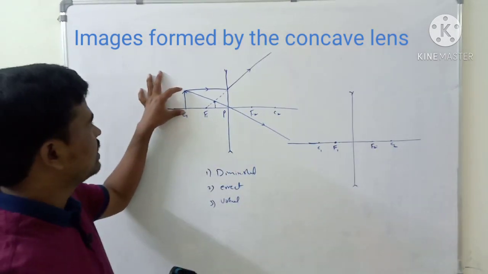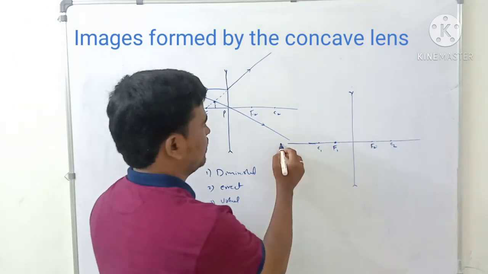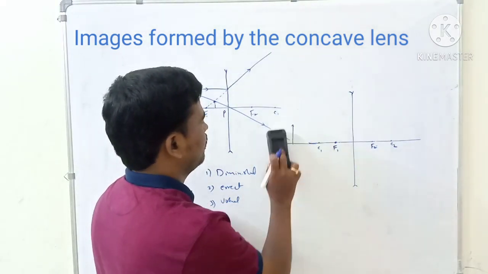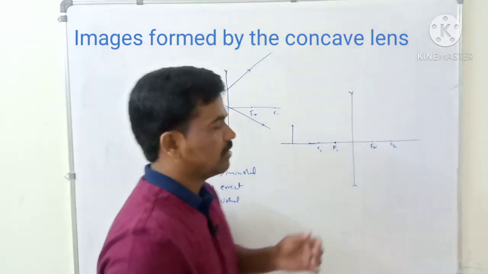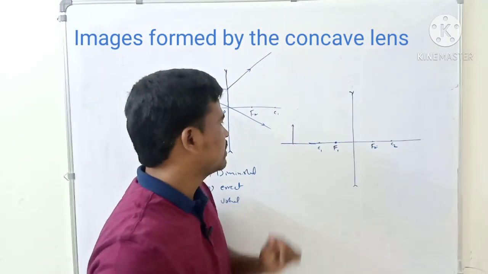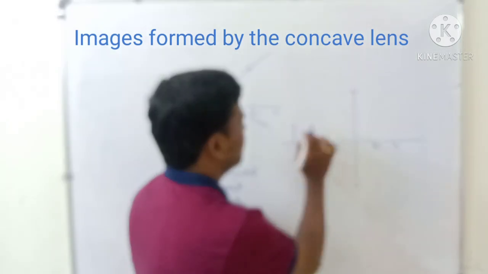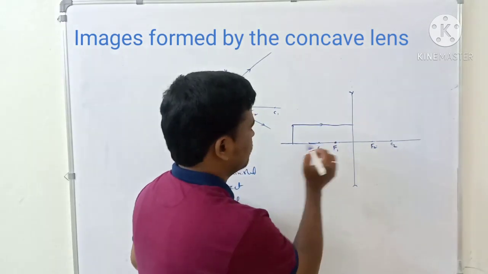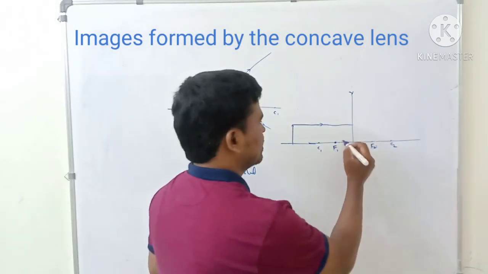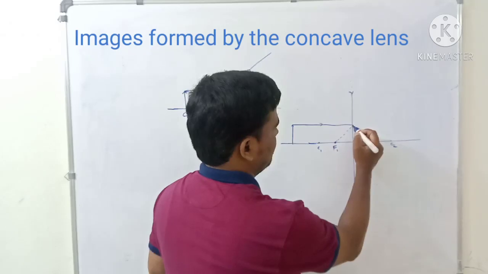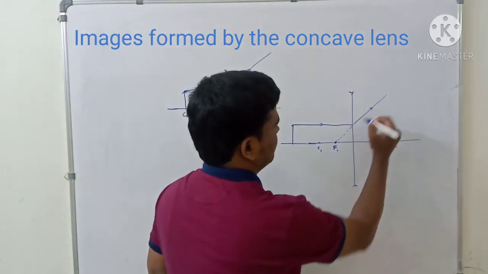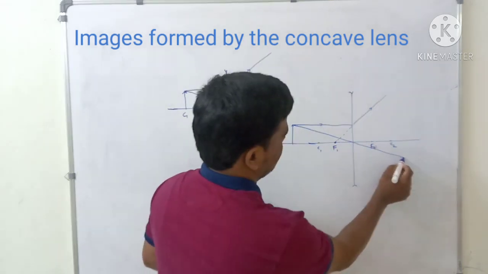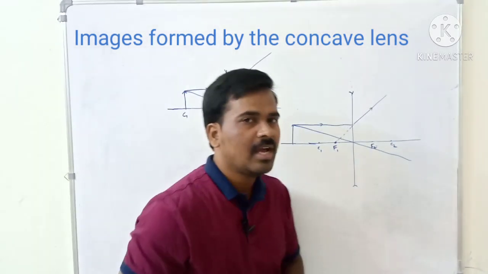The object here is on C1. Let me take it a little bit beyond C1. Now we will find the position and the size of this object's image. We have to draw a parallel ray, parallel to the principal axis. It goes like that, emanating from the focal point. The next ray we draw is this one, going to the optic center.